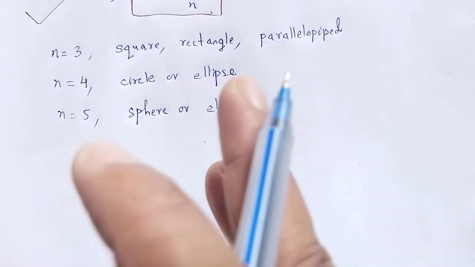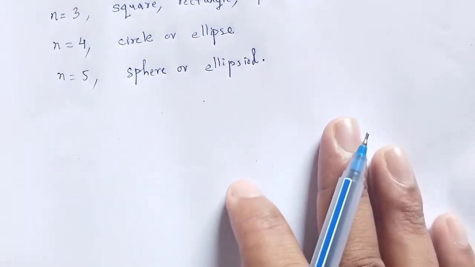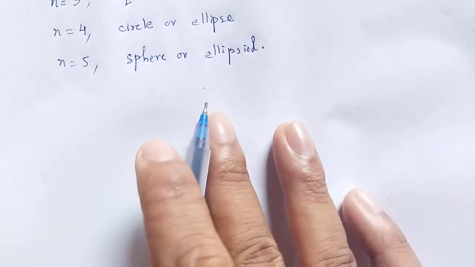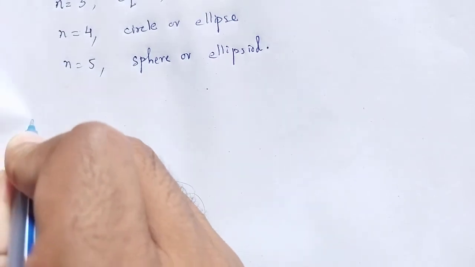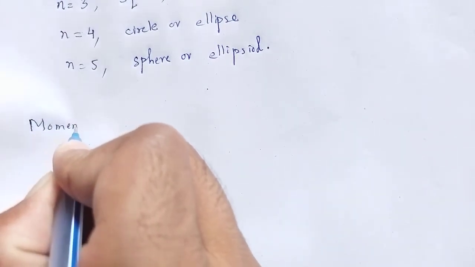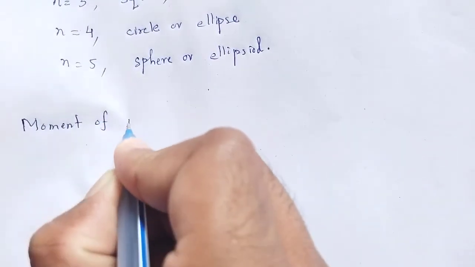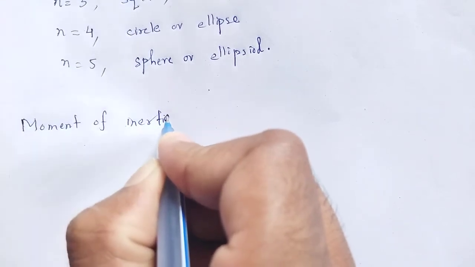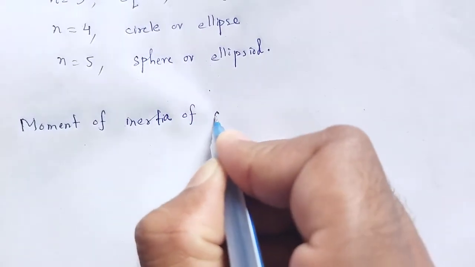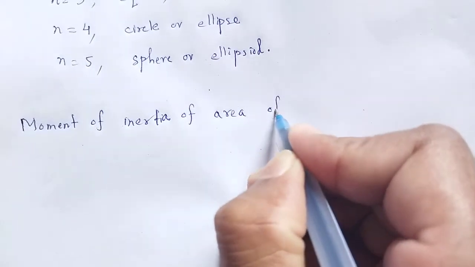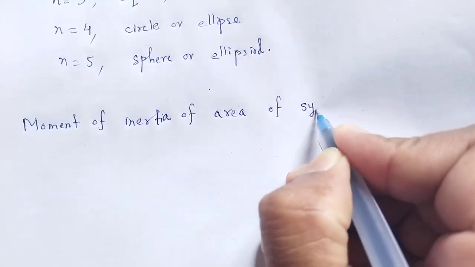Again, with the help of this Routh's rule, we can find the moment of inertia of area of symmetrical bodies.